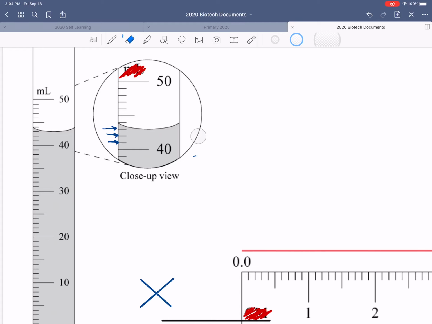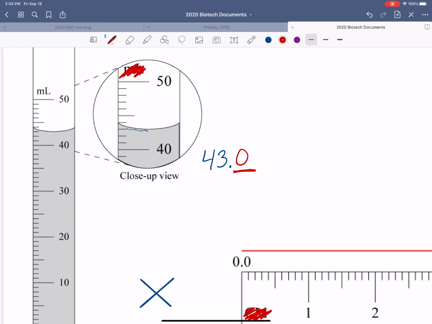So I'm actually going to redo our measurement here. It is at the 43 because that's where the bottom of the meniscus is, but we need to go one digit past. We need to go to an uncertain digit. This is a digit that you basically have to guess. In this case, I think this is 43.0. I don't think that it's really above or below the line, at least I can't tell.